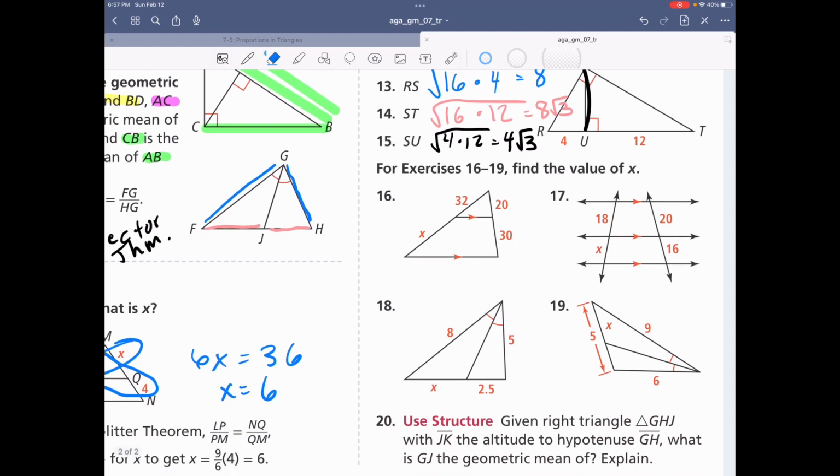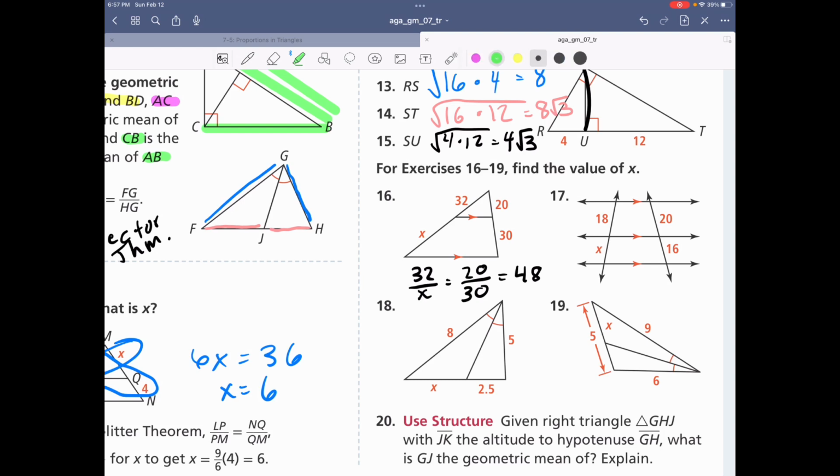For exercises 16 through 19, find the value of x. So this is what we just learned this week. We're going to set up a proportion. 32 over x is equal to 20 over 30. We're going to cross multiply and divide, which will equal 48.